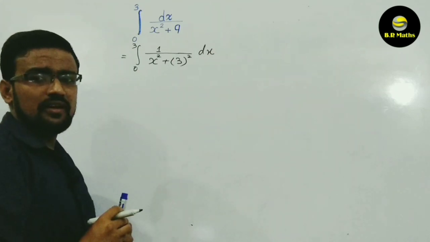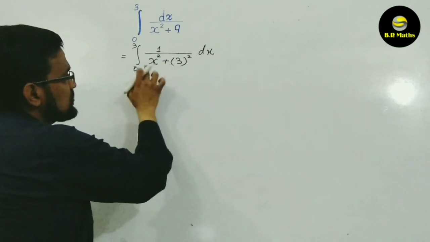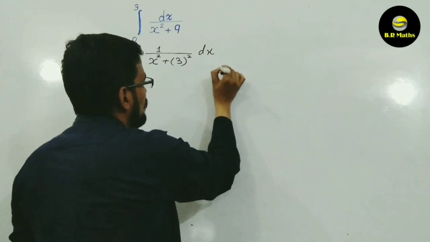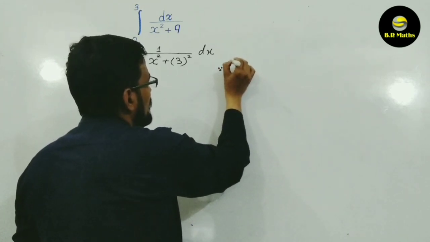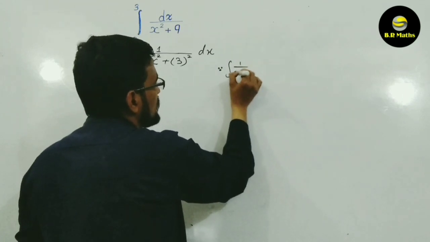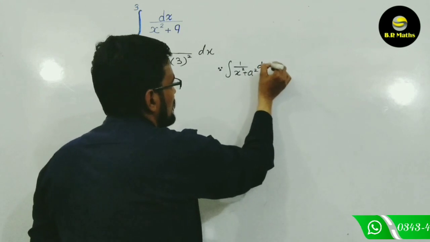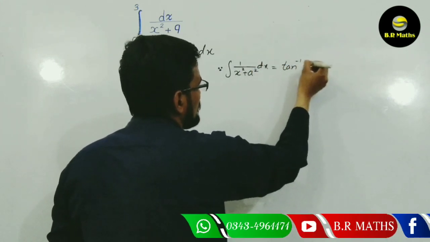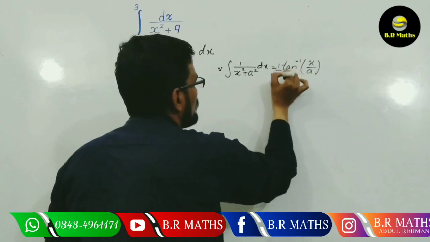That's one. And all of you know about this type of integration, and according to the formula of integration, 1 over x squared plus a squared equals 1 over a times tan inverse of x over a.